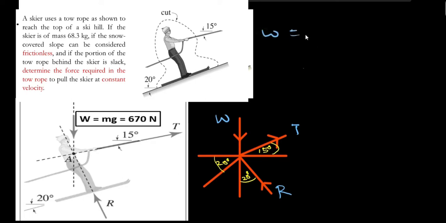First of all, we consider the weight. Weight equals mass times the acceleration due to gravity. In this case, we've been given the mass to be 68.3, so the weight will be equal to 68.3 times the acceleration due to gravity, which is 9.8. So let's see the value you get for the weight. 68.3 times 9.8 gave me 669.34.